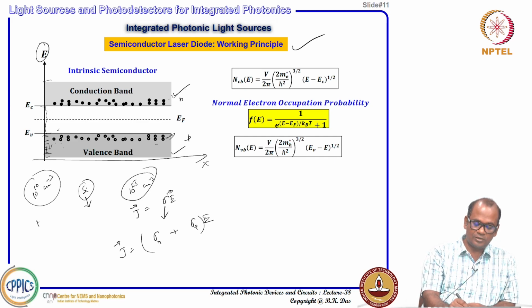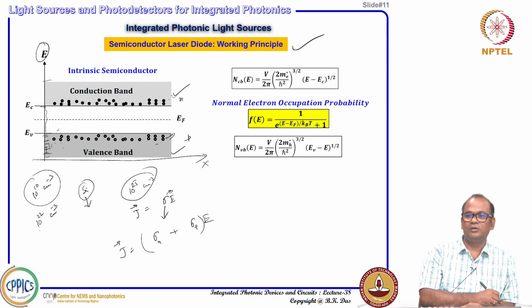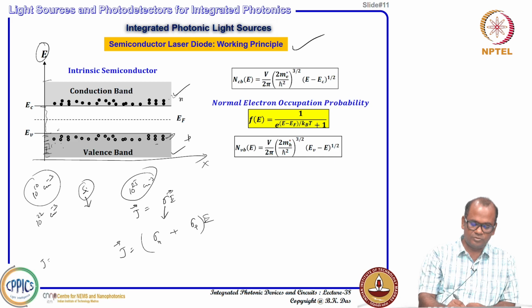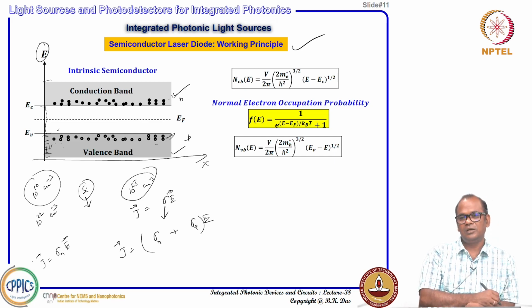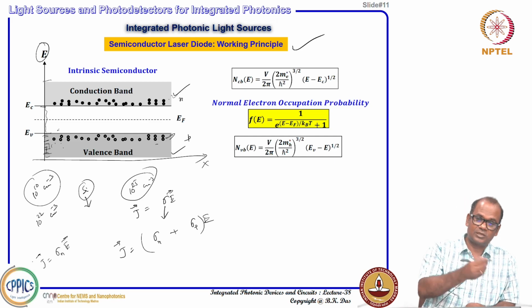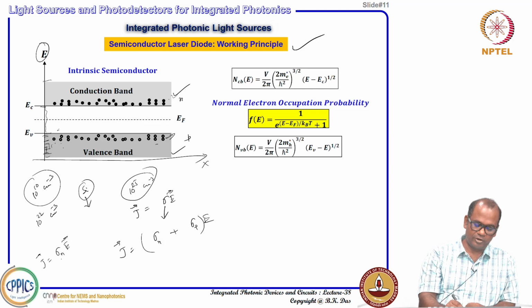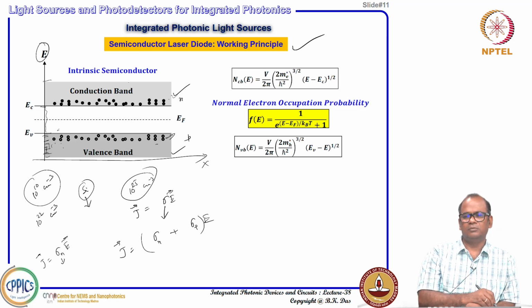Normally, you have 10 to the power 22 per centimeter cube free electrons in the conduction band. That many electrons contribute to the sigma. So, if it is a conductor, the conduction current is contributed by electrons only. That is the difference between a semiconductor and a conductor.